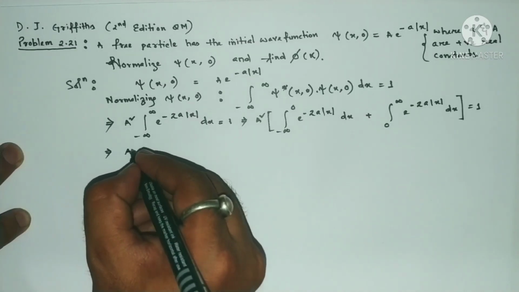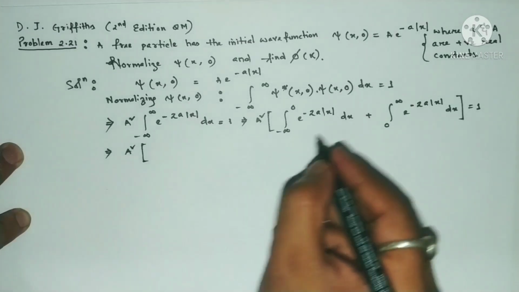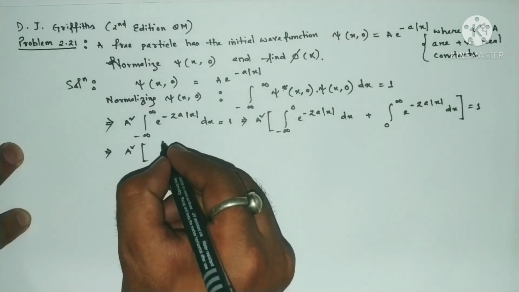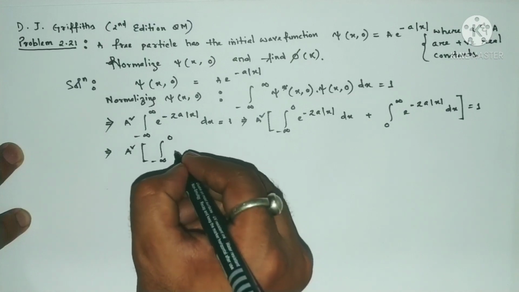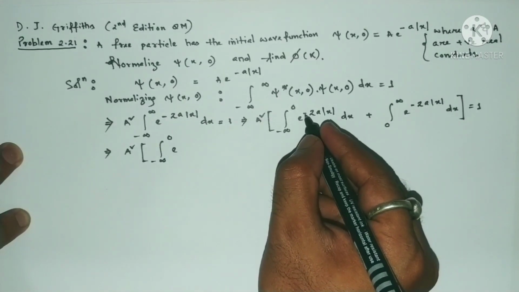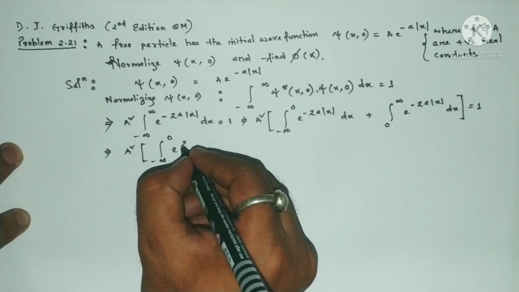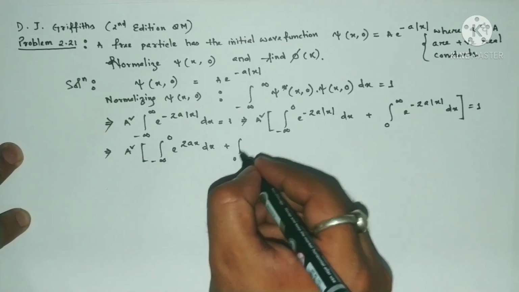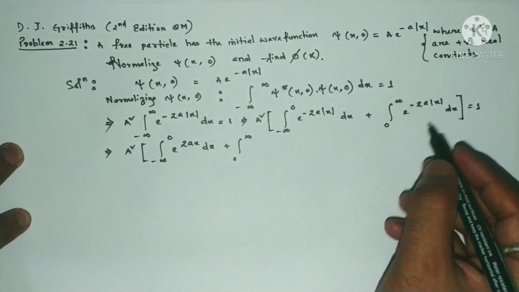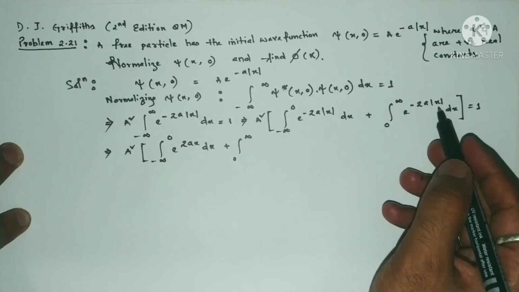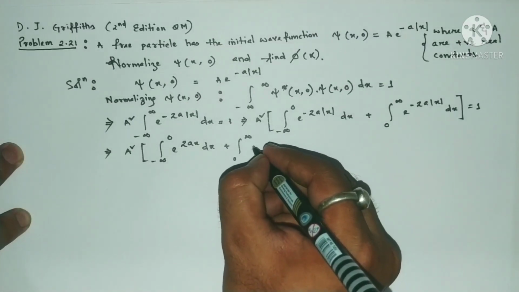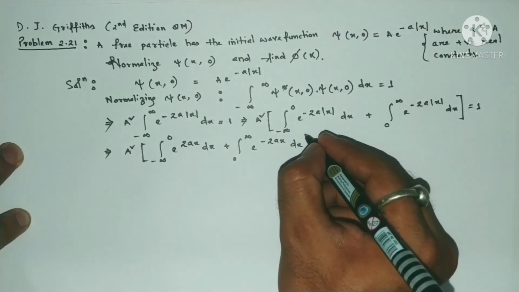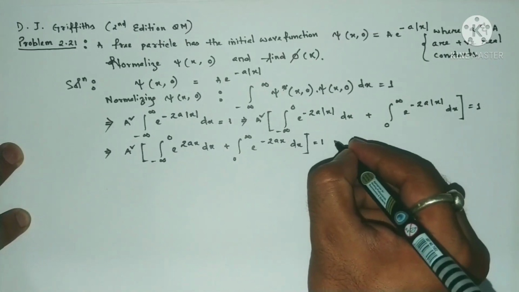So A square: at the negative integral, your mod x is going to give minus x, so minus infinity to 0, minus x and the negative will become positive. So e raised to 2ax dx plus, from 0 to infinity at the positive integral, your mod of x is going to be x. So it will be e raised to minus 2ax dx equal to 1.